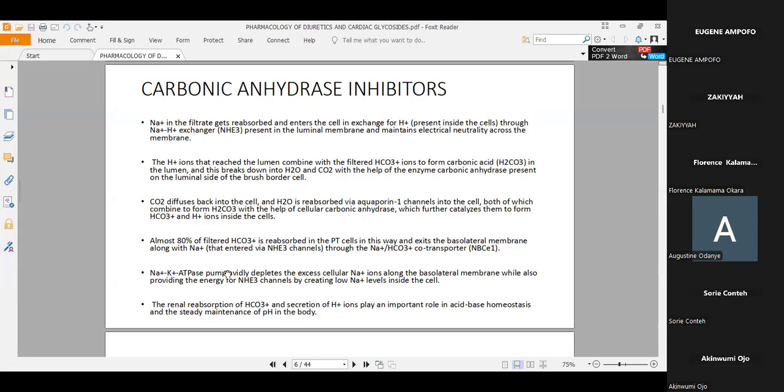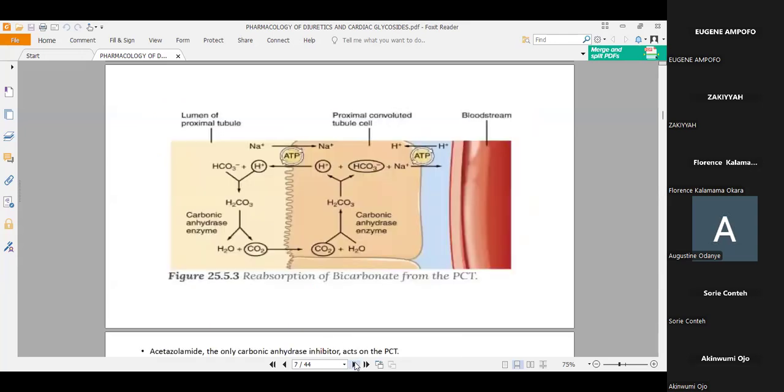So the renal reabsorption of bicarbonate and secretion of hydrogen ions play an important role in acid-base homeostasis and the steady maintenance of BP in the body. So this is what I explained earlier. We have the luminal carbonic anhydrase enzyme and then the cellular carbonic anhydrase. And the action of this enzyme is potent.